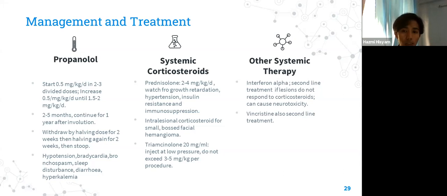If the patient cannot tolerate systemic corticosteroid, we can move to other systemic therapy such as interferon alpha. But interferon alpha is known to cause neurotoxicity, so the patient may have side effects such as myalgia or spastic diplegia.